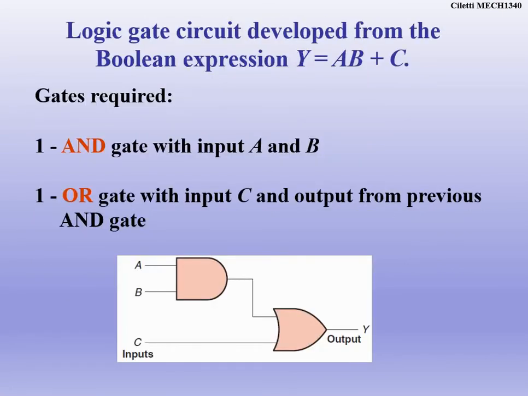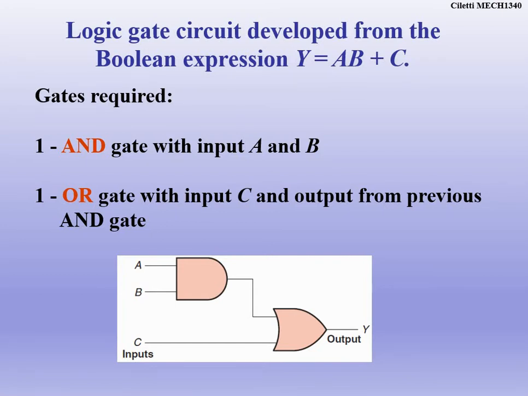Okay, so we've already done this example, right? We have y equals AB or C. So we use an AND gate for the AB, and it's got to go into the OR gate, and it gets ORed with C. So now we're going the other direction. Okay, I'm going to give you the expression y equals AB or C, and I expect you to be able to draw the logic gate down below that applies to that expression.